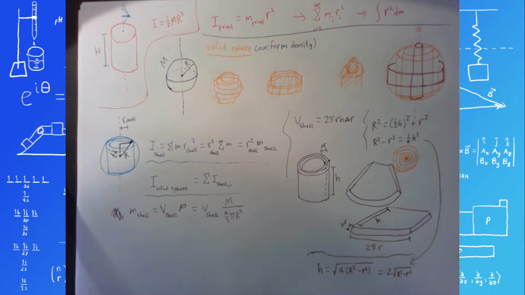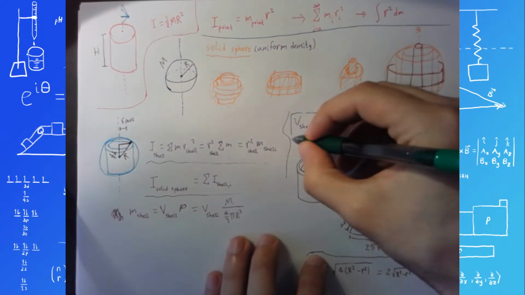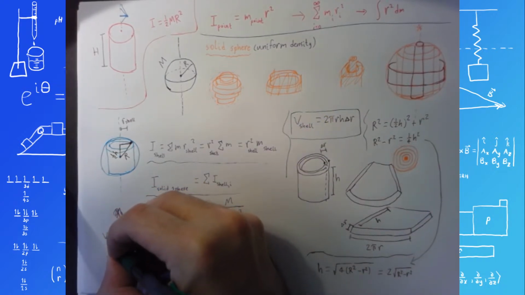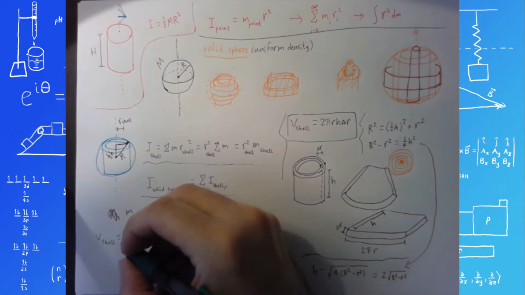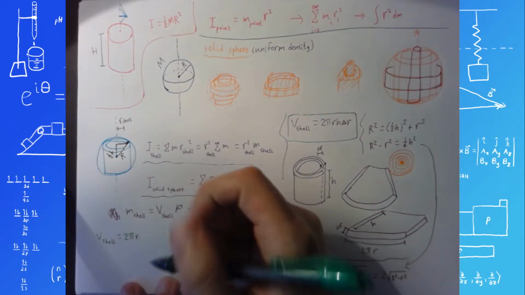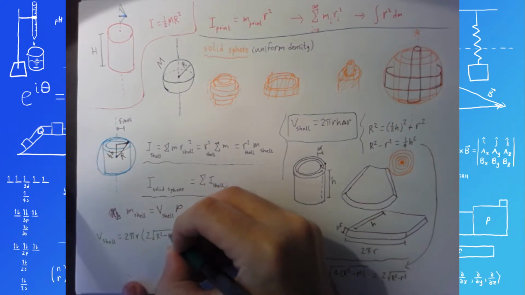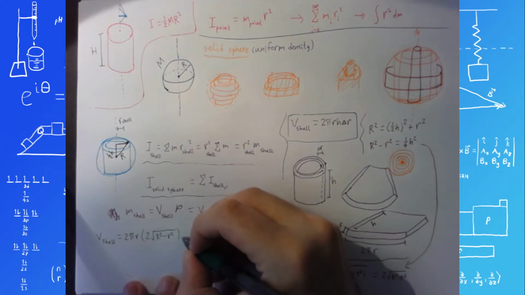So that takes us to, let's switch colors, that allows us to rewrite V shell as 2 pi r times h, which is going to be 2 square root of big R squared minus little r squared, times delta r.